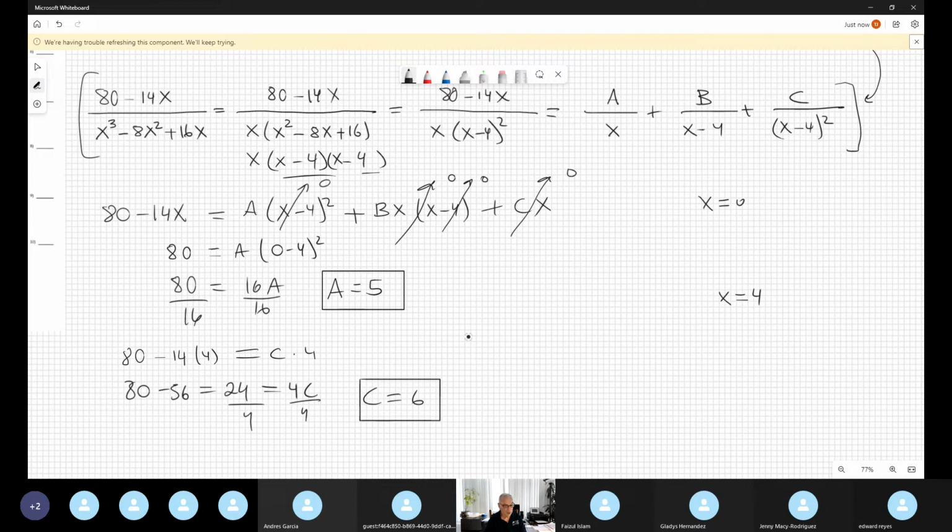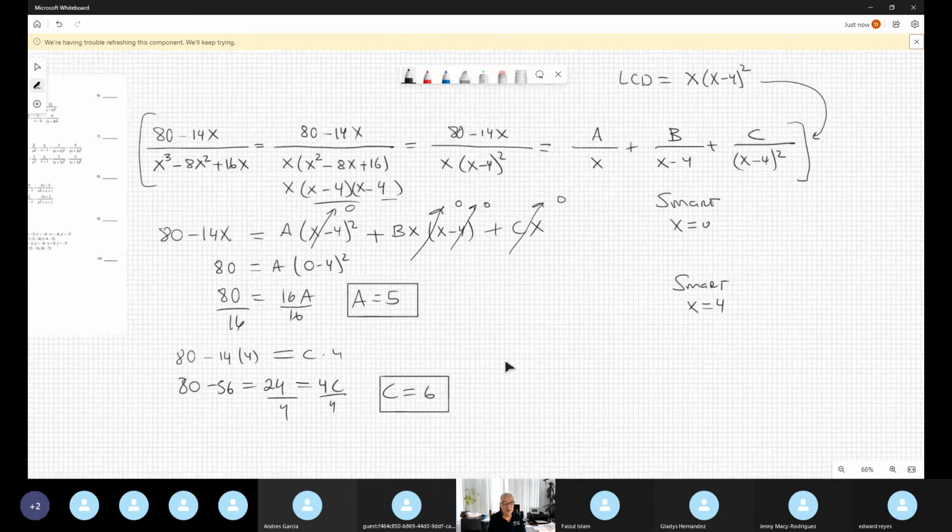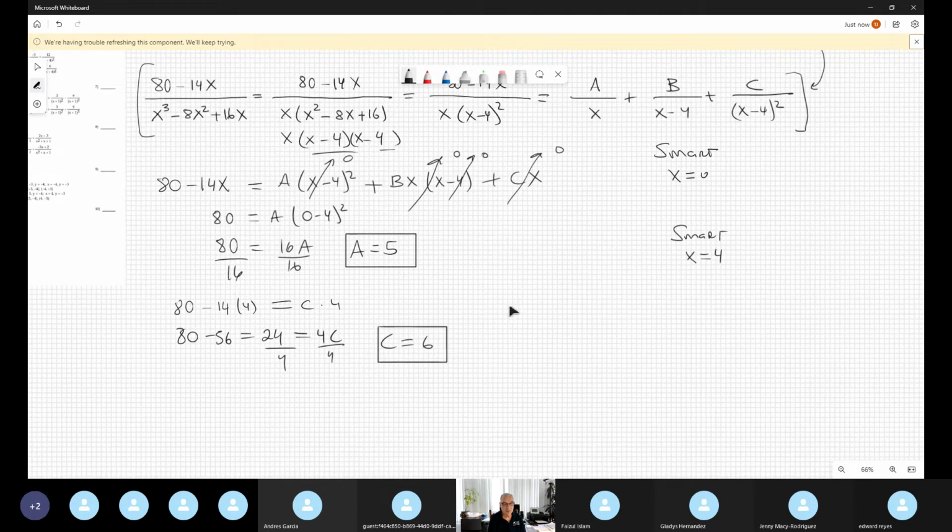Unfortunately, we have no more smart values. This is a smart value, and this is another smart value, because they create a factor that is gone. But I have in my hand A and C. The only thing I need to compute is B, and that's it. So I take, for example, one non-smart value, which is 1, or negative 1, or 2, or 3.